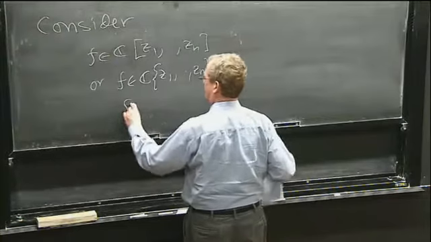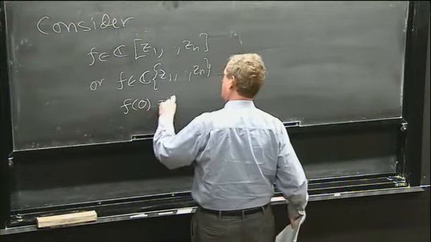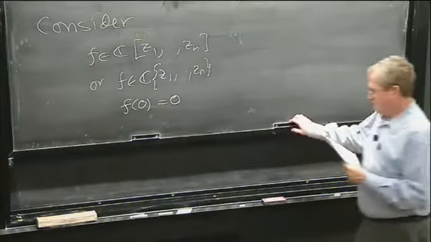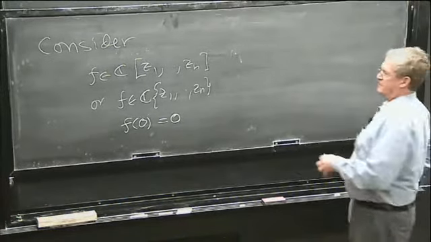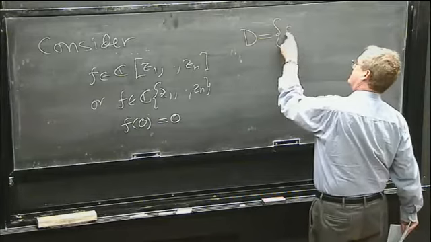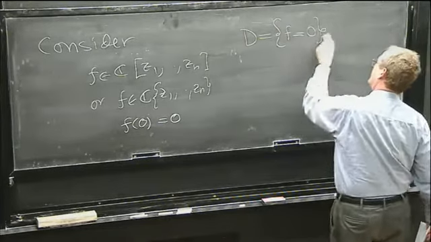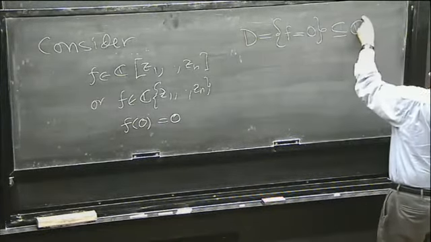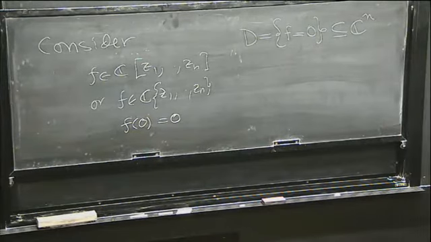So f of 0 is 0. What we're going to be interested in is basically the hypersurface defined by f. So D will be f equals 0 inside C^n. You might imagine that you don't want f to have repeated factors, but that doesn't really make any difference.